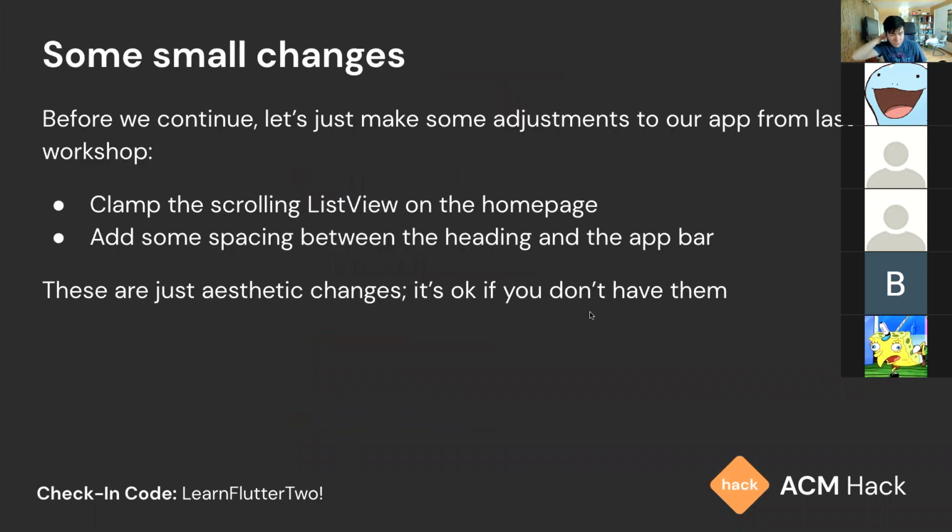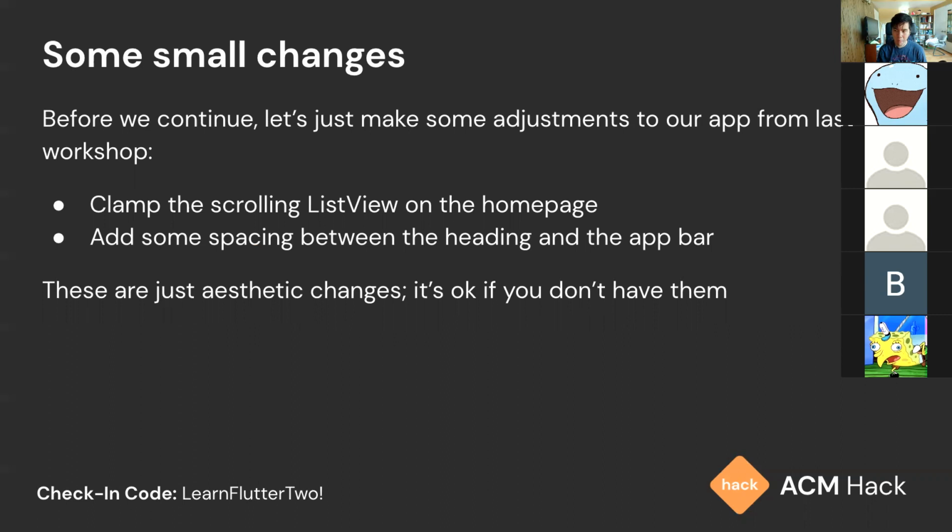Before we begin, I just want to make some small adjustments to our app. These are essentially just aesthetic changes, so you don't have to do them. One thing I'm going to do is clamp the scrolling list view to the home page and add some spacing between the heading and the app bar. It's not very complicated.